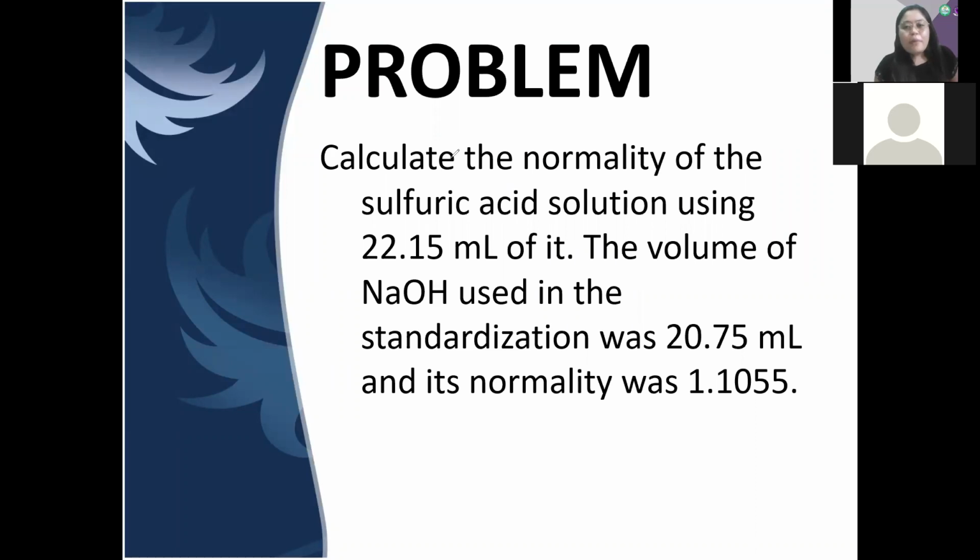Actually, in this type of problem, we are not going to use normality is equal to weight of the substance divided by the volume times the milli-equivalent weight, because as you can see, we don't have the weight of the sample here.